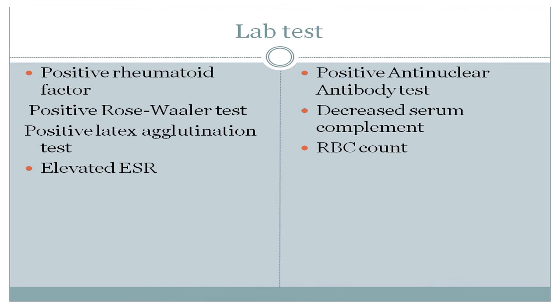And so if they have this positive anti-nuclear antibody test, this may mean that it's something autoimmune. The person may have a decreased serum complement. Complement also has to do with our immune system and our ability to fight and to rally up those white blood cells to fight on our behalf. And the person may have an elevated red blood cell count.